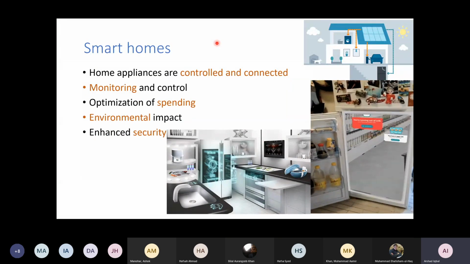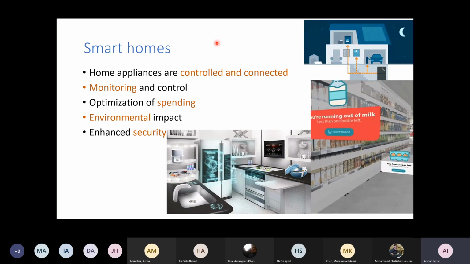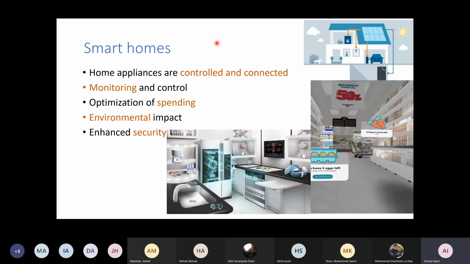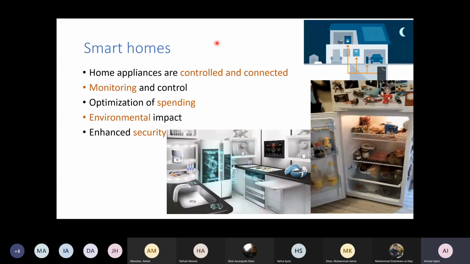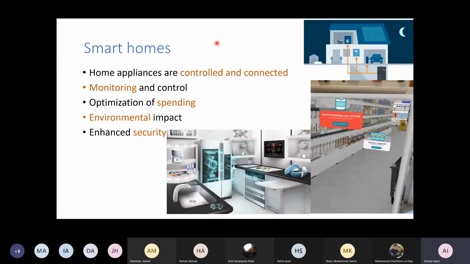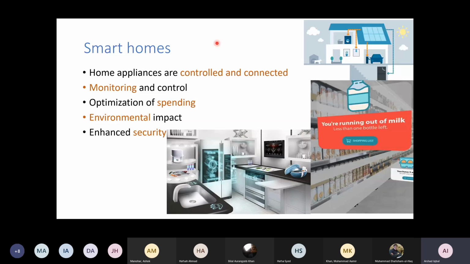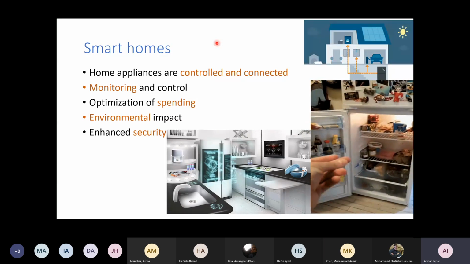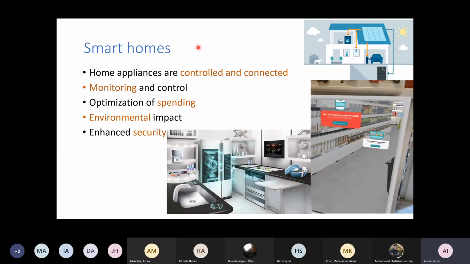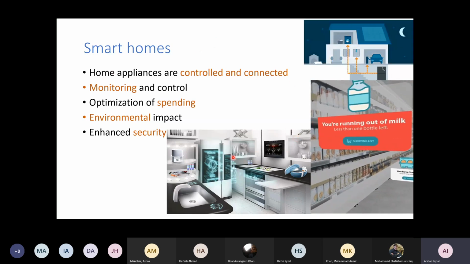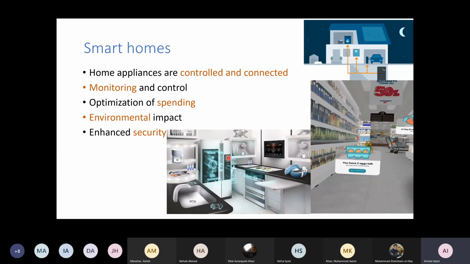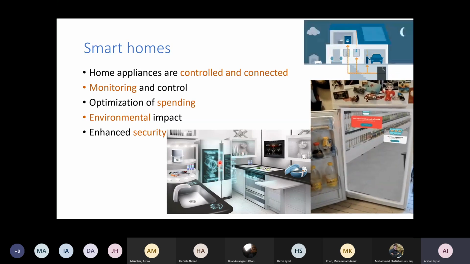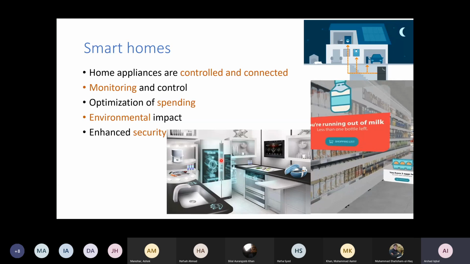Then we see the application in smart homes. A smart home is where home appliances are controlled and connected for monitoring and control and optimization of spending, environmental impact, and enhanced security. If you could see the different graphs provided here, here is a kitchen which consists of digital devices which provide different user interfaces and easy-to-use access.